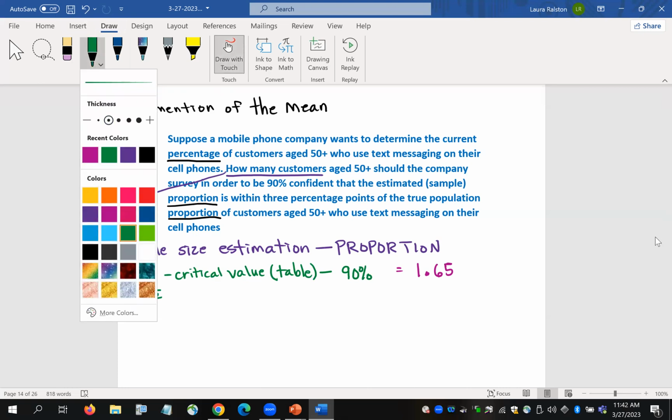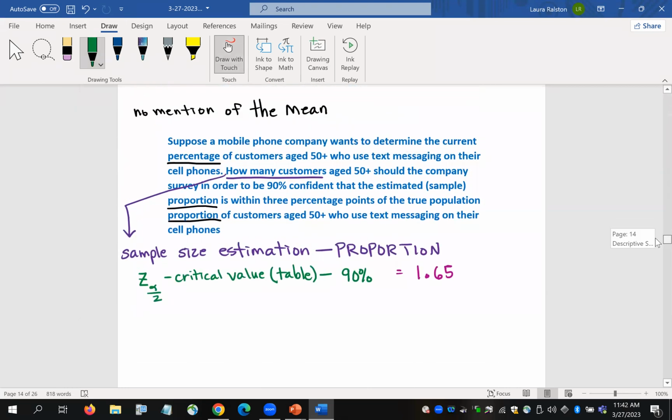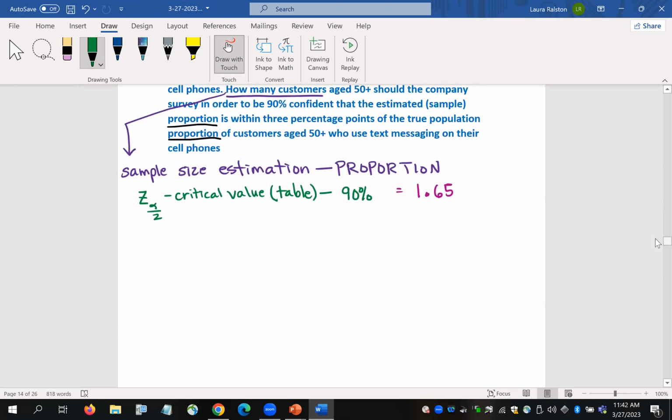I also need P prime. We'll talk about that in just a minute. Okay, which is my proportion for success.